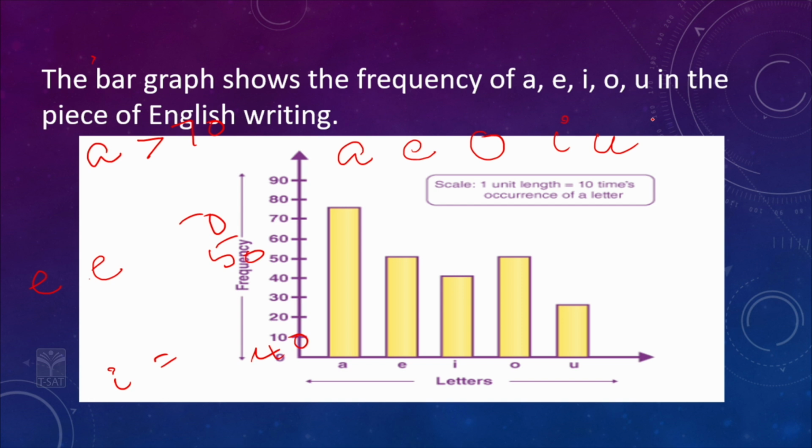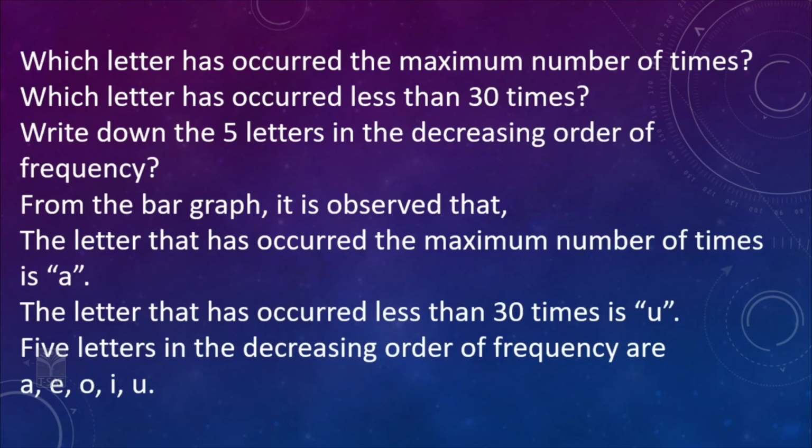So A, E, O, I, U is according to their frequency, in descending order. Okay.